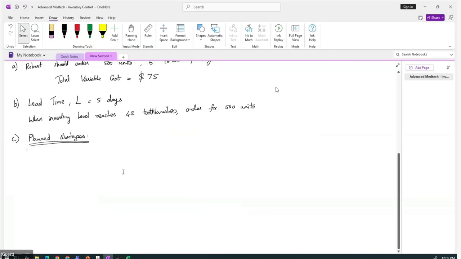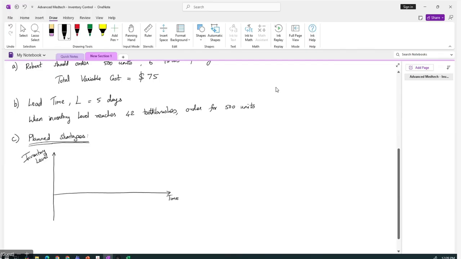Now, we are talking about planned shortages. So in this case, what will happen? On the y-axis, I will still have my inventory level. On the x-axis, I'll have time.